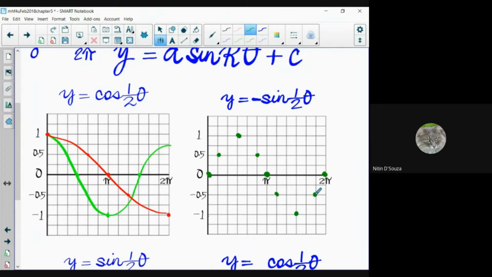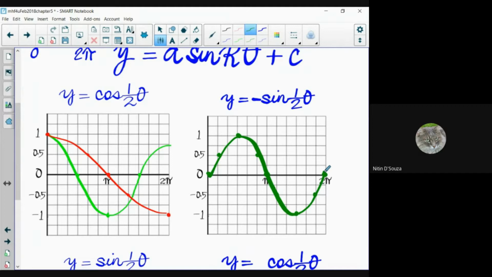So you can see that. That's your sine curve. So we've got a negative and we've got a horizontal stretch. So this point here, the negative of 0 is just 0. So you've got to do two things at the same time.